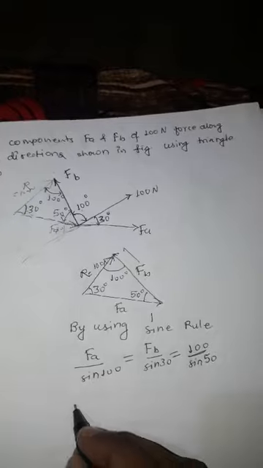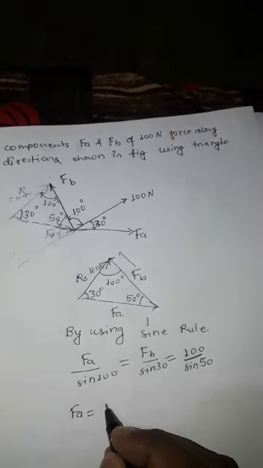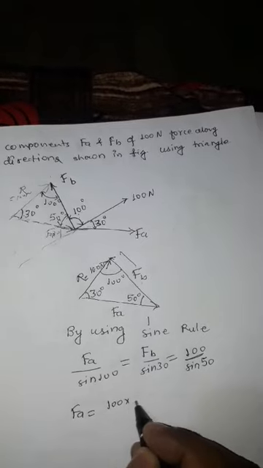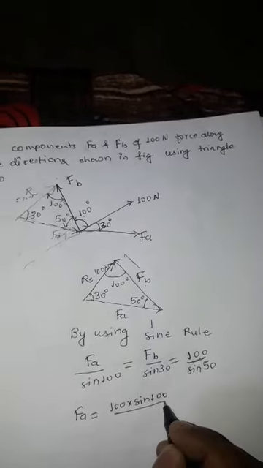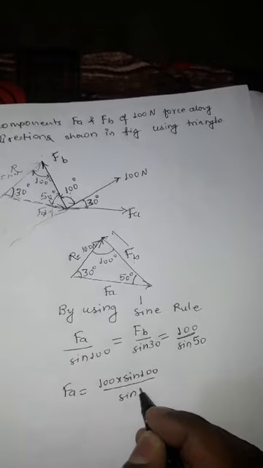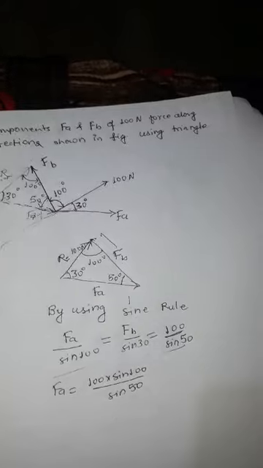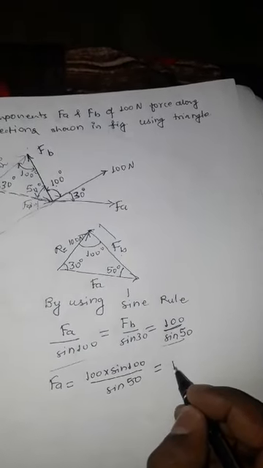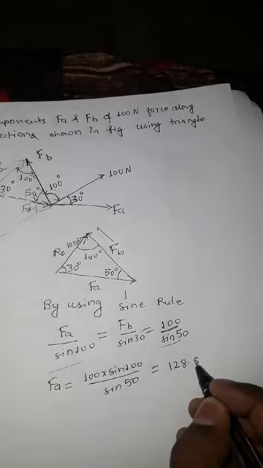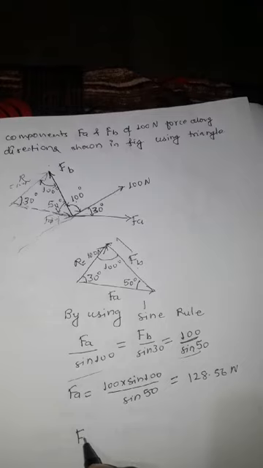So I have to calculate Fa and Fb. Fa equal to 100 into sine 100 divided by sine 50. I am equating this term and this term initially, so I will get this Fa value as 128.56 Newton. Next I am calculating the Fb value.